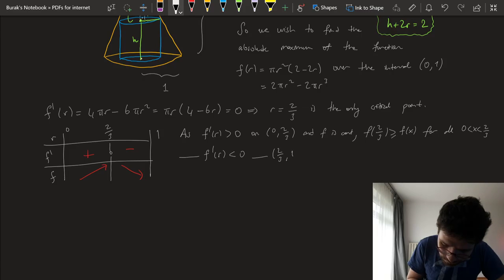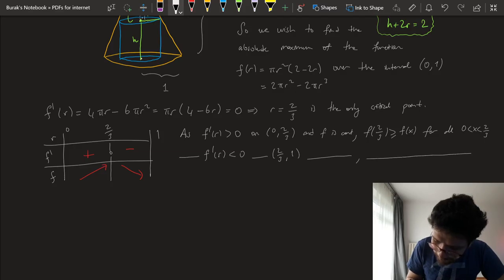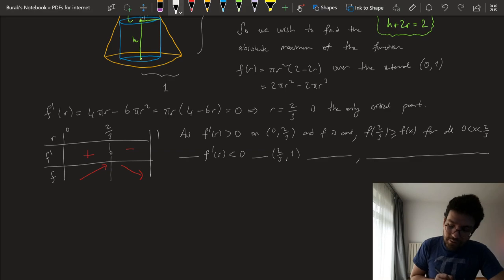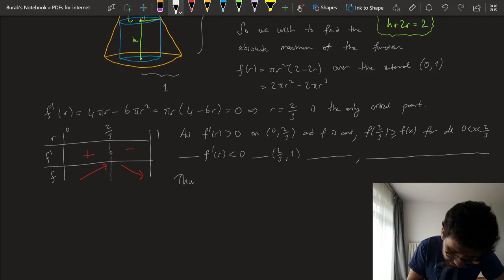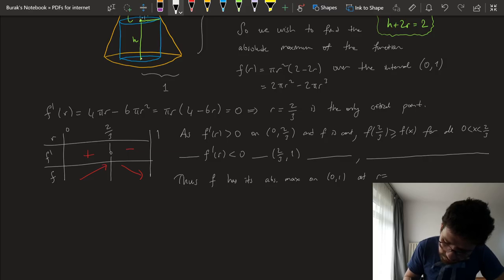on the interval 2/3 to 1, the derivative is negative and f is continuous, so I still have the same inequality holding. Thus, f has its absolute maximum on (0, 1) at r equals 2/3.